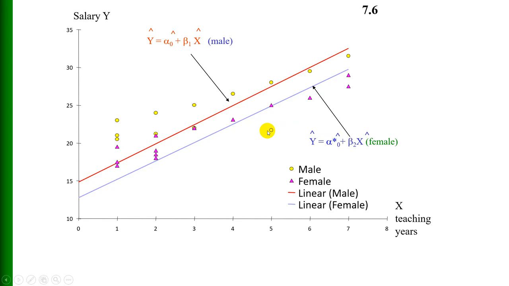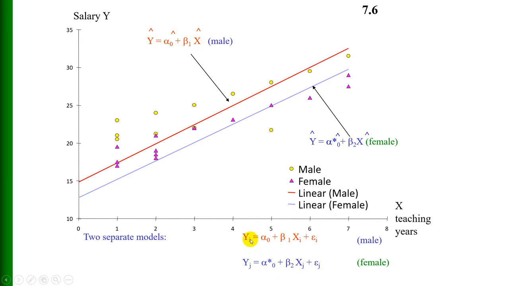So we see there are two regression lines, the red one for males and the blue one for females. If we compare both lines, the only difference is in the intercept. The intercept of the male, alpha naught hat, is greater than alpha naught star hat, because this intercept is lower than this one, and the slope of the regression line is the same. These are parallel regressions.